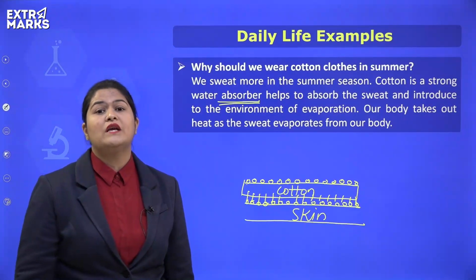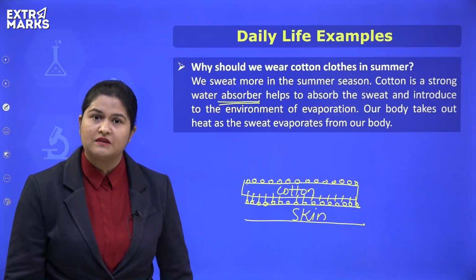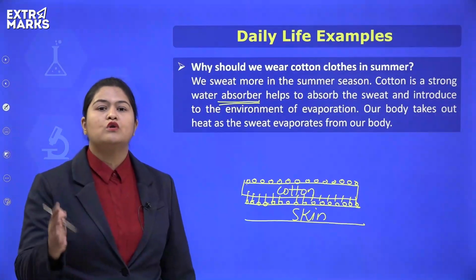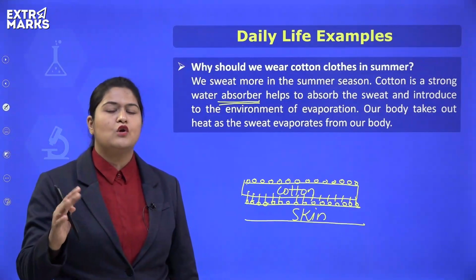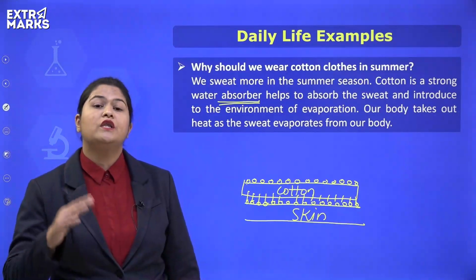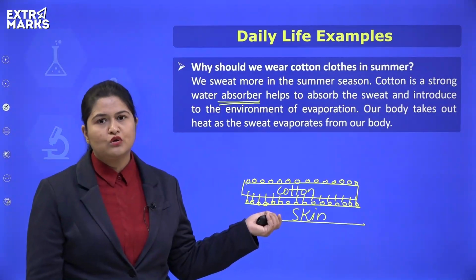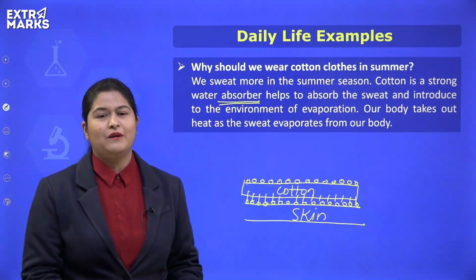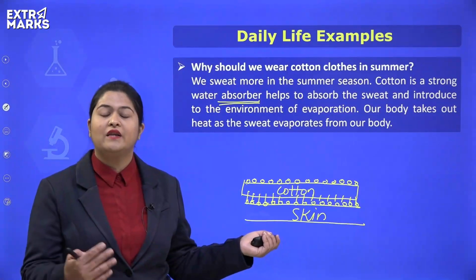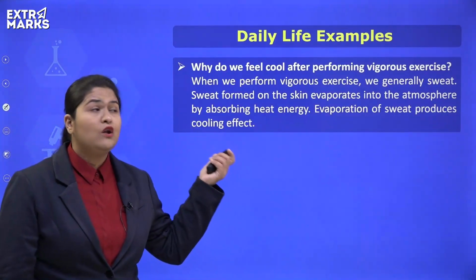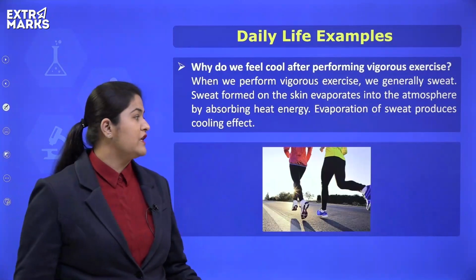That is why it is advisable to wear cotton clothes in summer season, and we should preferably wear silk clothes or any such cloth which does not allow much air circulation in the winter season. Okay, so selection of cloth is also very crucial if we want to feel comfortable, and scientific reasons are there behind their selection.